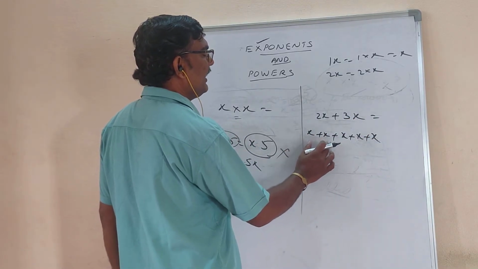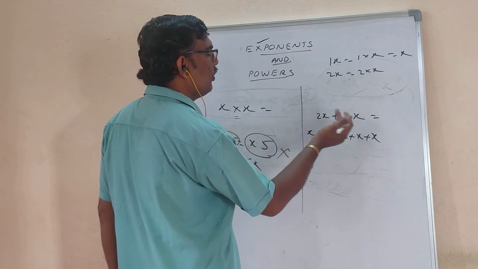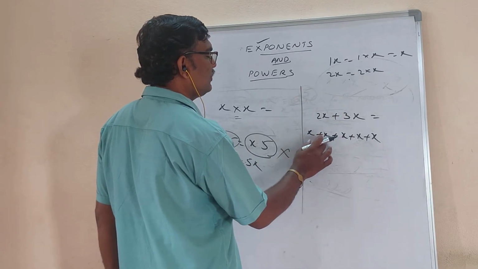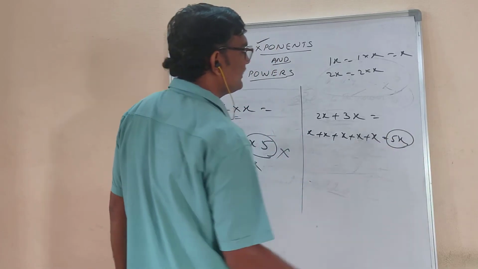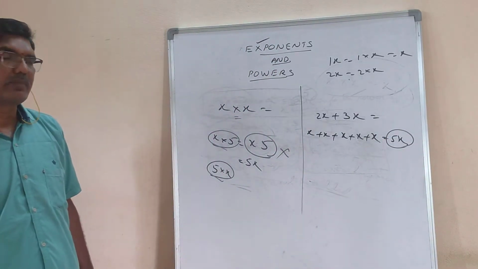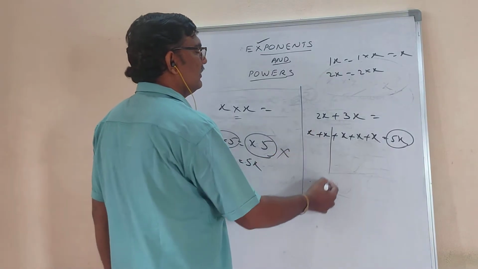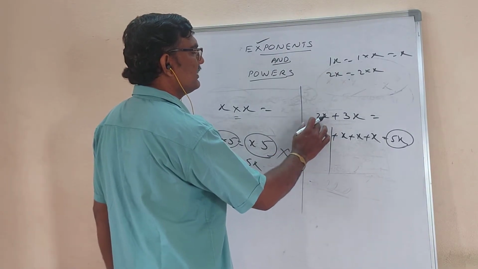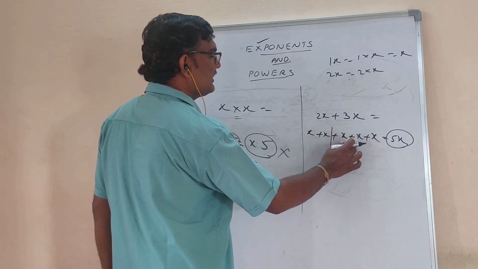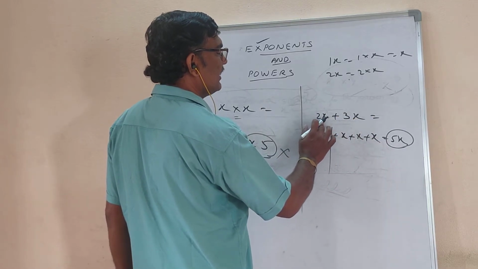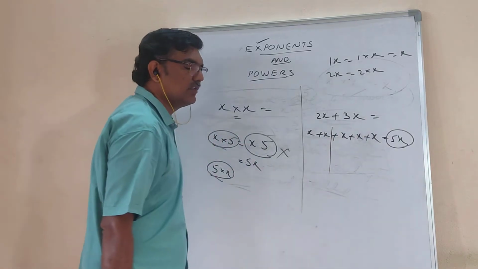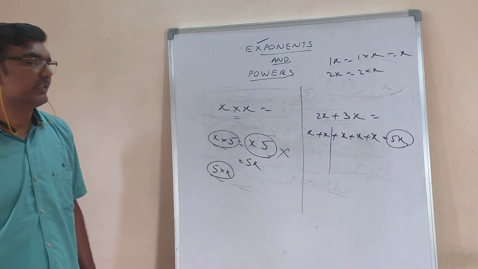If you add x 2 times, you get 2x. In total, how many times are you adding? 1, 2, 3, 4, 5. So what is the answer here? 5x. Isn't it? See, x plus x is 2x. X plus x plus x is equal to 3x. To 2x, I should add 3x. What is the answer? 5x.